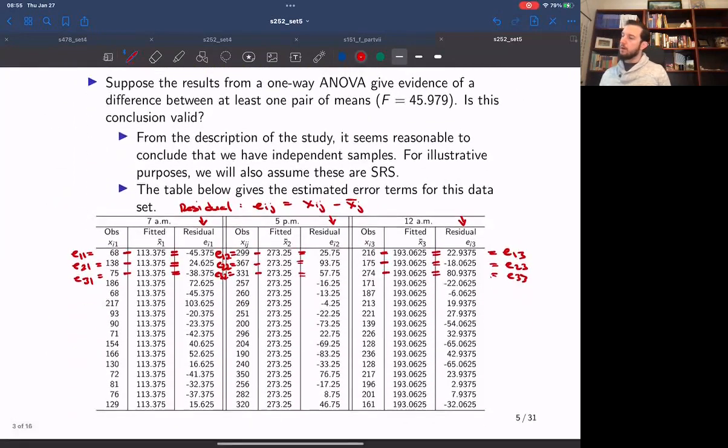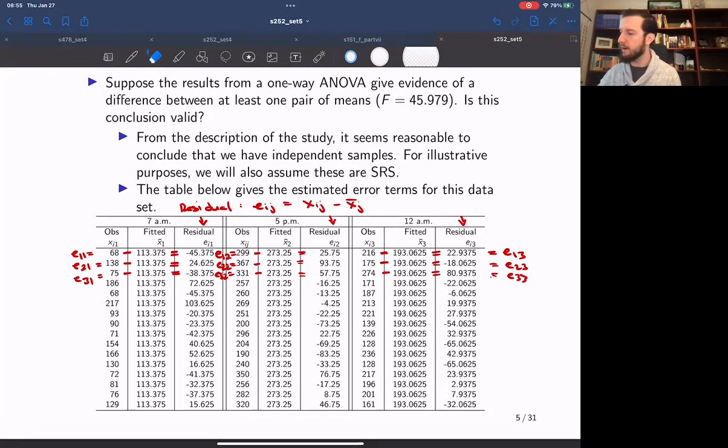Okay. Now that we have the residuals computed, so we have our 3 columns of residuals, we can check the normality assumption and the constant variance assumption using these quantities. To check the normality assumption, we can just take all of the residuals and pool them together as one large collection of values.